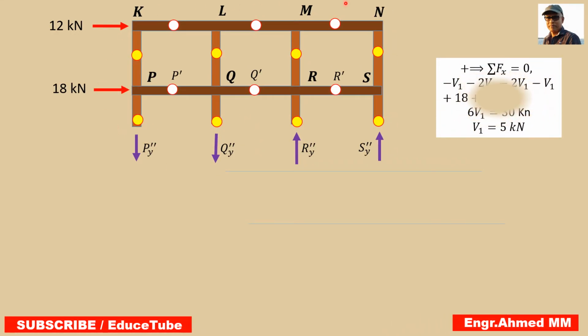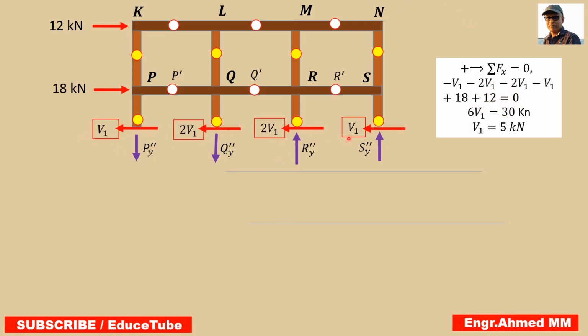Now we took the free body diagram, taking the sections at this point, I mean at this hinge line. So we took the sections here. Surely the same procedure we have to follow: if shear is here V1, so it will be 2V1, 2V1 and V1. This is the third assumption. Now we need to find V1.